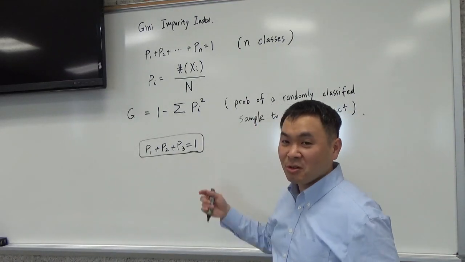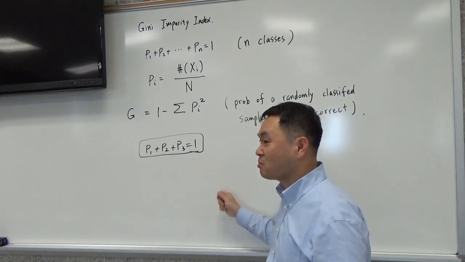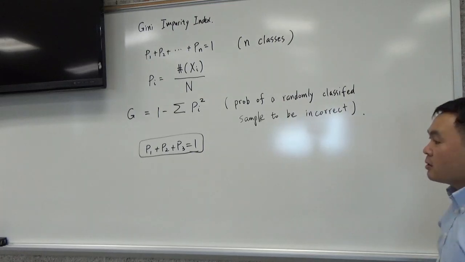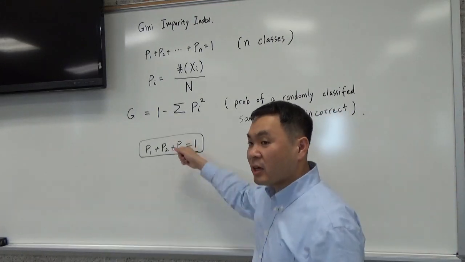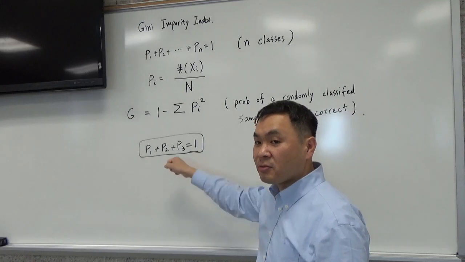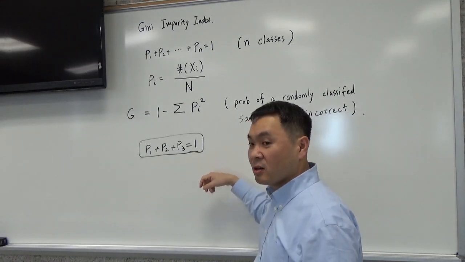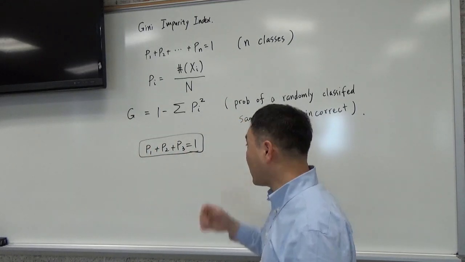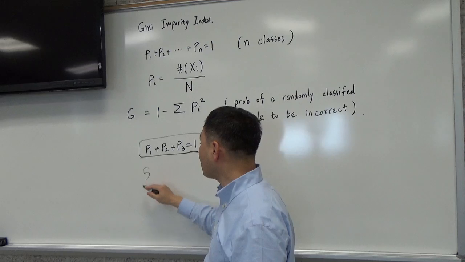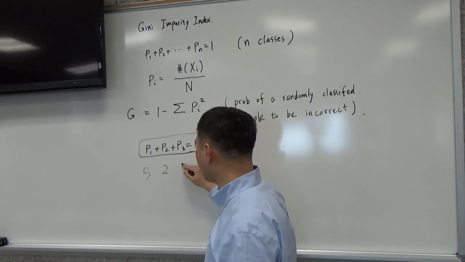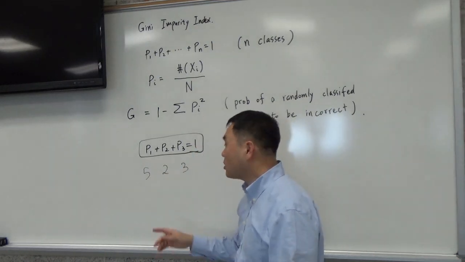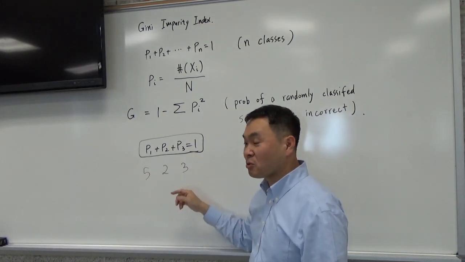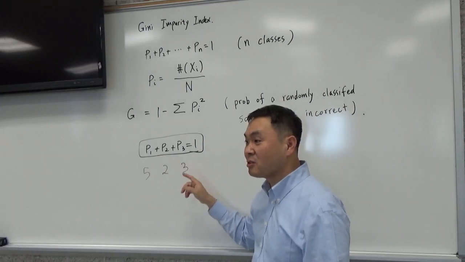You just roll a dice and say it's sample 1. Now, when you randomly classify, you probably want to classify using a dice that reflects the number of items in each class, right? So if you had 5 items in class 1, 2 items in class 2 and 3 items in class 3, you want to make a spinner that has this proportion so that this appears more than the other ones, right?